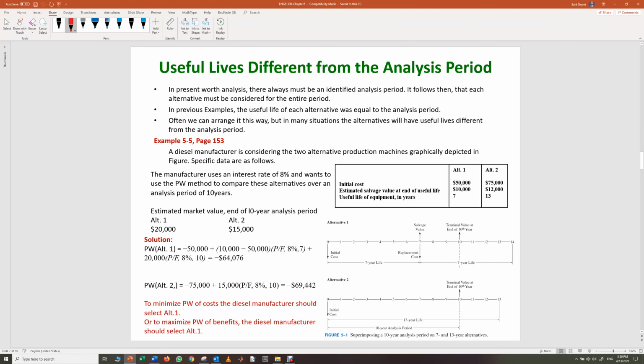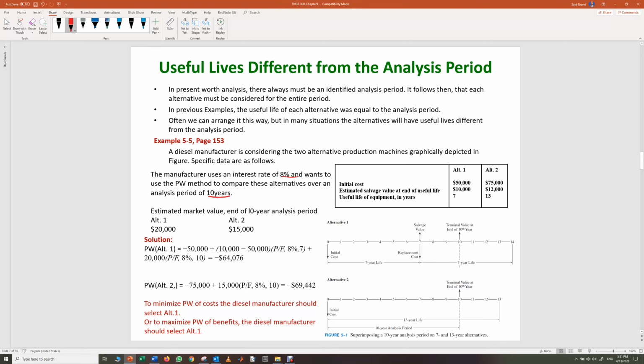So the useful life for alternative 1 is 7, and the useful life for alternative 2 is 13. So they have different useful life, and the manufacturer uses an interest rate of 8% and wants to use the present worth method to compare these alternatives over an analysis period of 10 years.